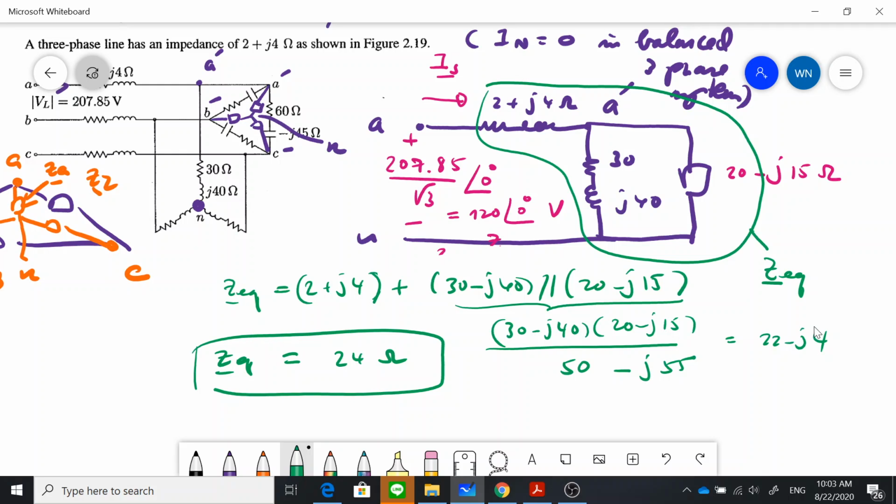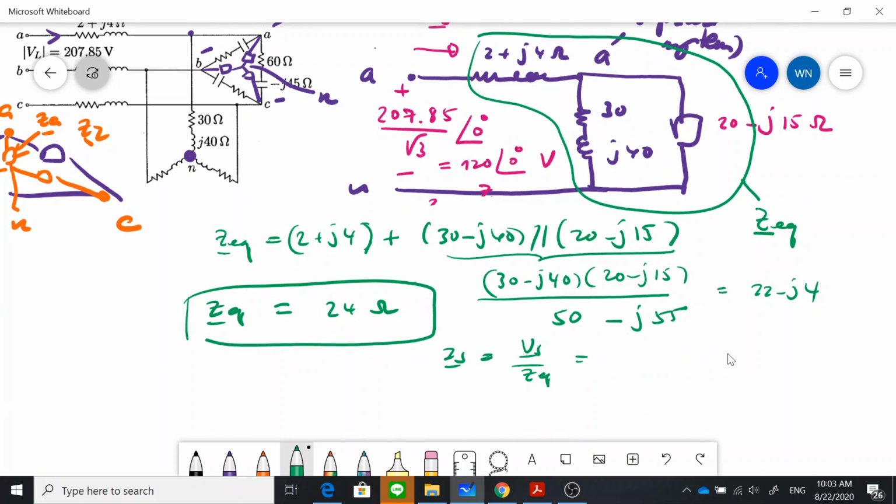So soon after you have 24 ohms, you can say that IS is equal to Vs divided by ZEQ, right? And hope this is not too fast. If you find this hard to understand, this is not a problem with power systems. This is a problem of your circuit class, so you have to revise it seriously in your circuit lecture.